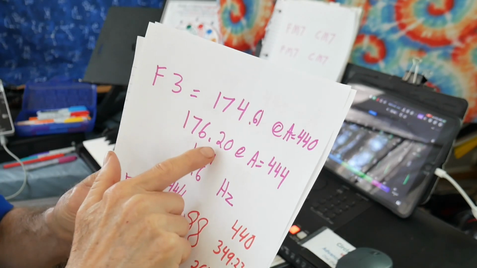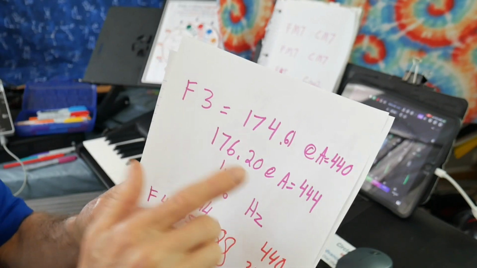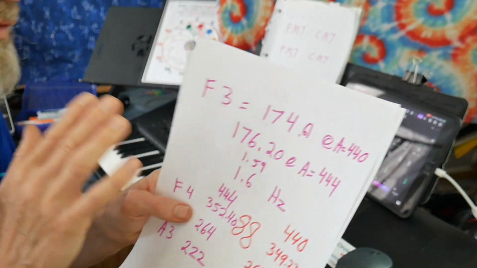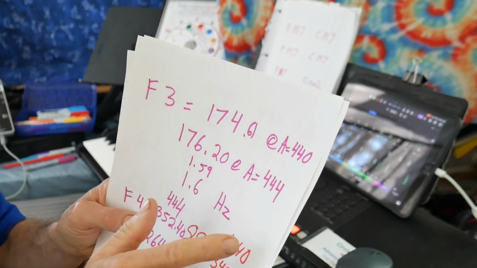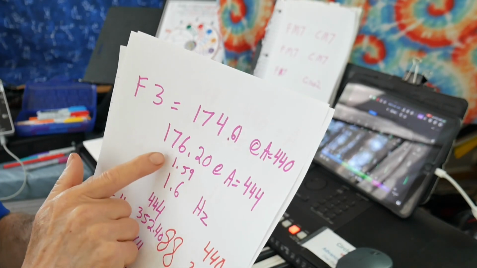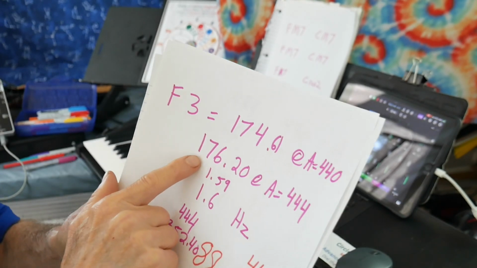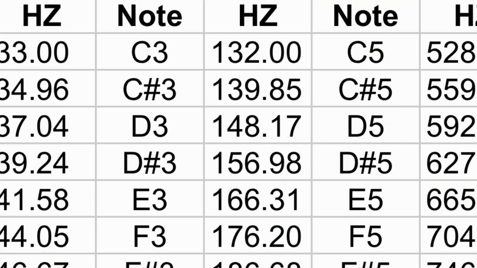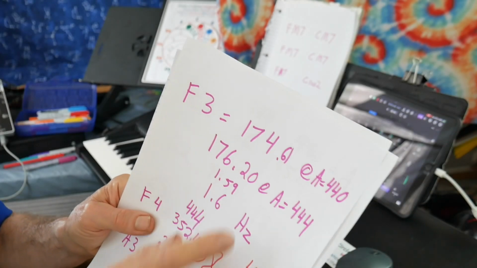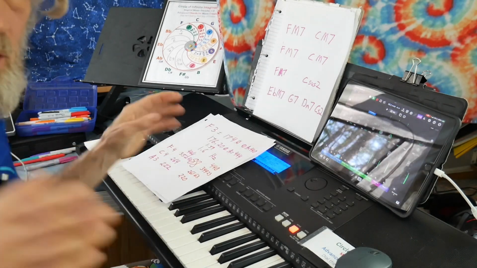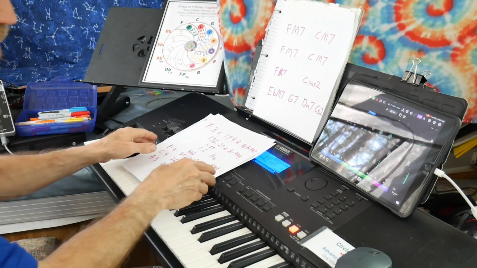And then if I tune to A equals 444, which is almost the same as 16 cents, for full disclosure it's really 15.7, but rounding off you could say 16 cents, that gives me A equals 444. And so then I get 176.20, which gives me a difference of 1.59, which is the difference between the left and the right hemispheres in the brain. So you're getting a different signal in each side of the brain.